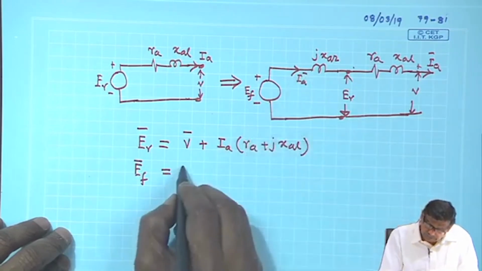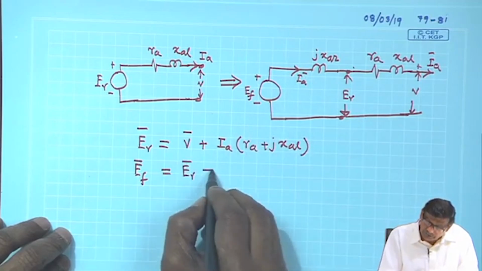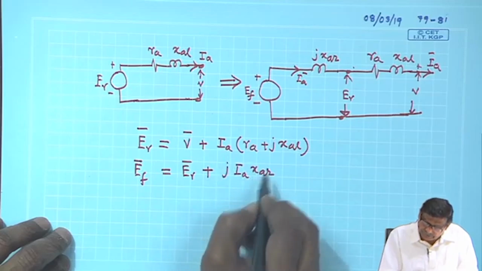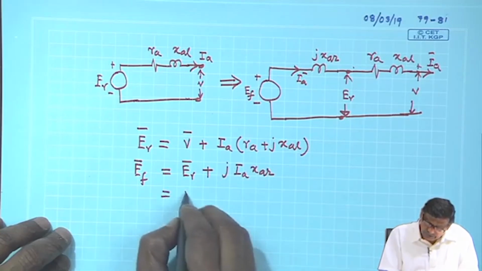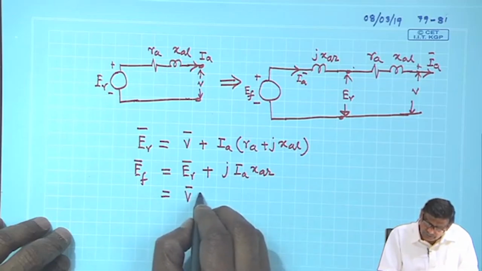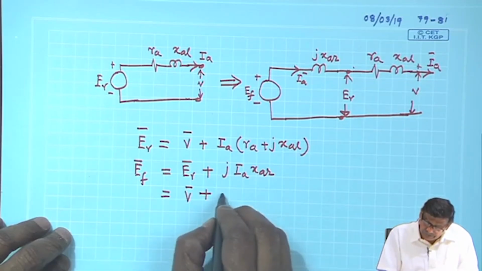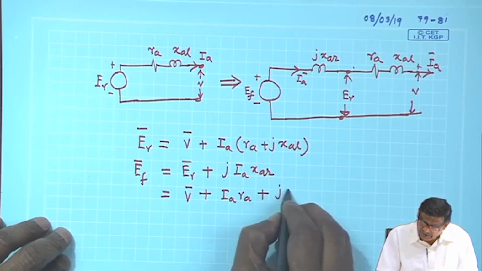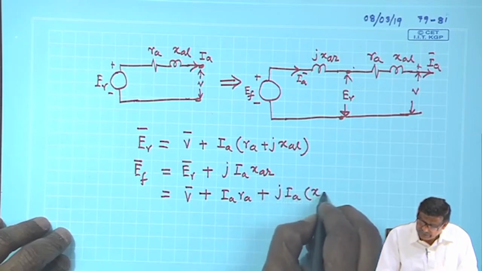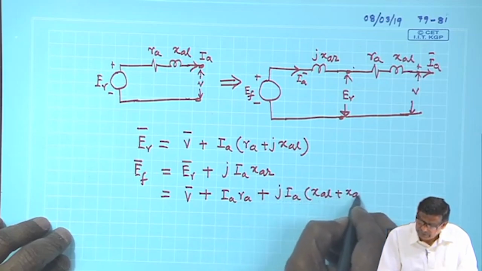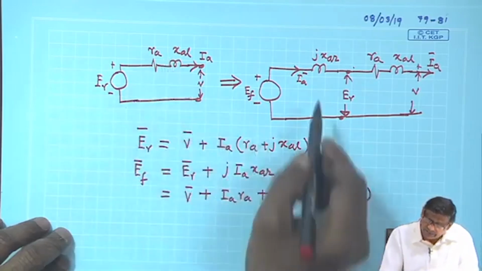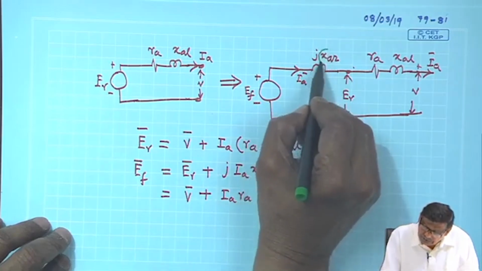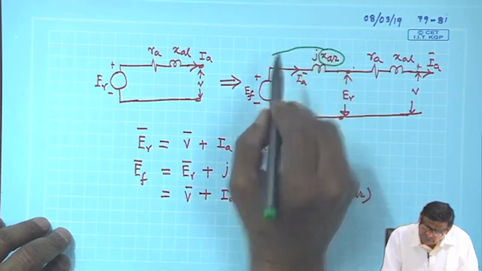Therefore, EF will be ER plus J IA XAR, and your full equation will be V plus IA RA plus J IA (XAL plus XAR).